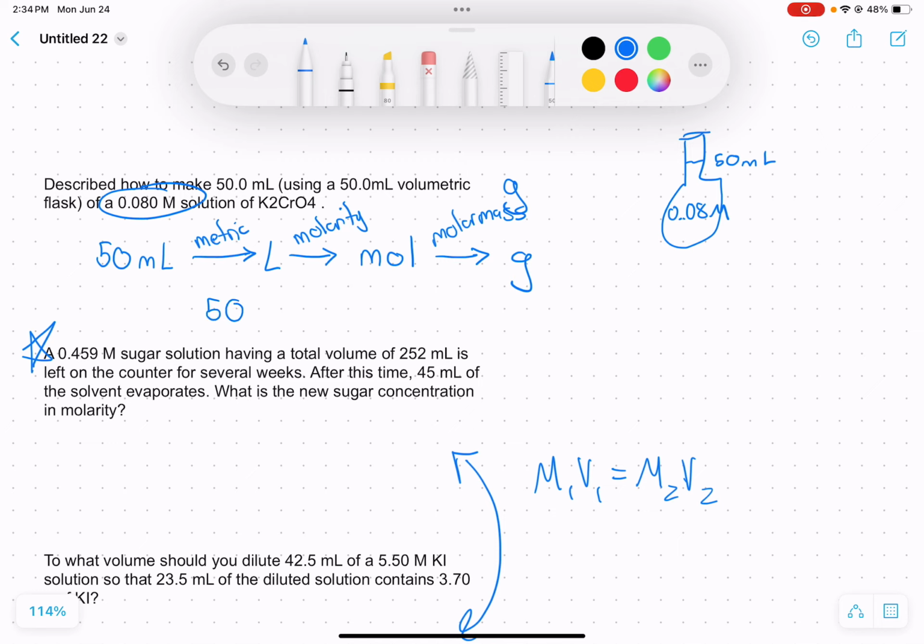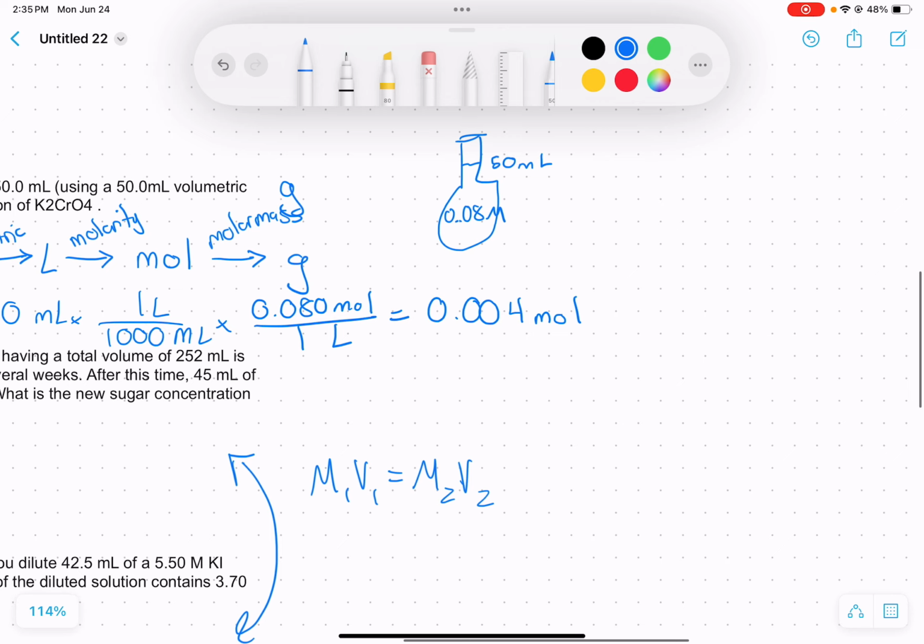Okay, so 50 milliliters, divide that by 1,000 to get it in terms of liters. And then for the molarity, separate that into moles per 1 liter. Okay, so the number of moles that we need for that 50 milliliter volume is 0.004 moles. Now, we want to know the number of grams, though. So we're going to need the molar mass for K2CrO4, which I'll just give you guys.